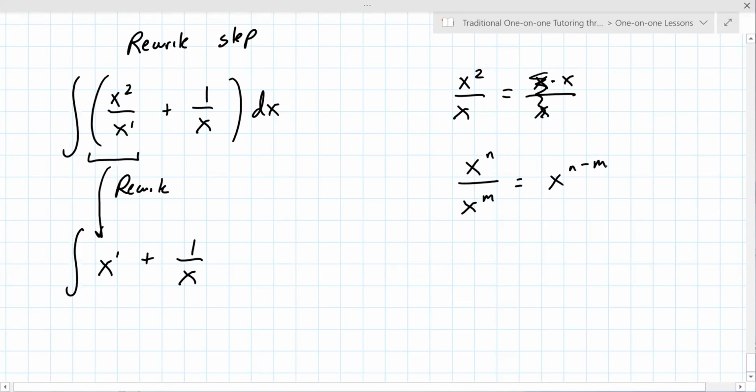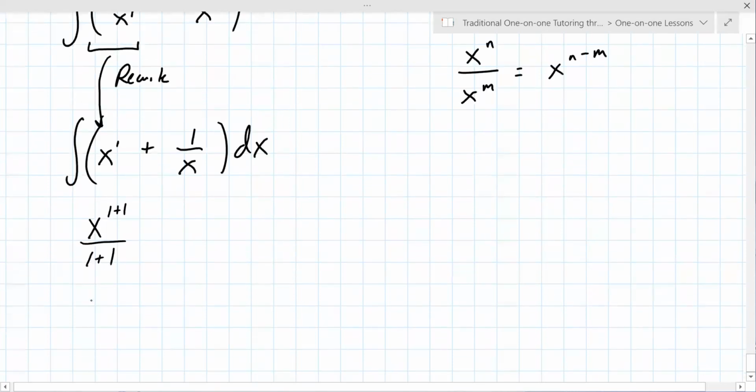Okay, so use the power rule here. What does this first one become? It becomes x to the squared over 2. So it's x squared over 2. What does the second one become? It becomes natural log of the absolute value of x.